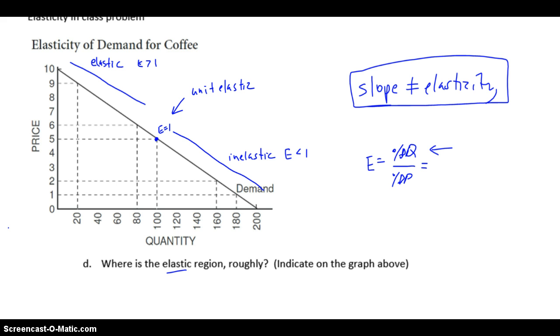In this case, the big percentage changes are going to occur on the price side of things. And so when we have big changes in price and small percentage changes in quantity, that's going to be inelastic. And so that's the motivation for why this is happening. It has to do with which variable is closest to the origin, because when you're closest to the origin, percent changes are the biggest. And again, the elasticity calculation is all about percent changes.